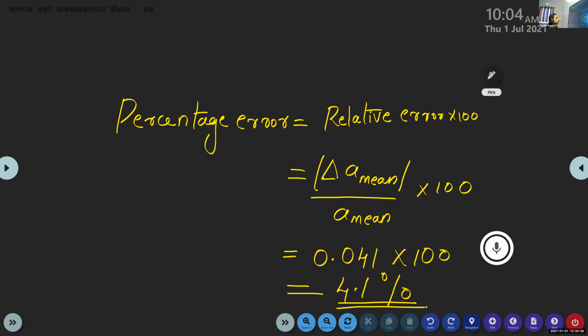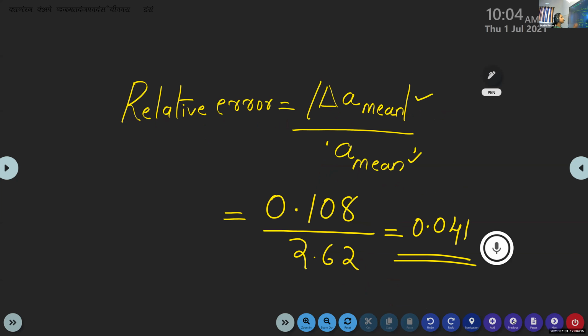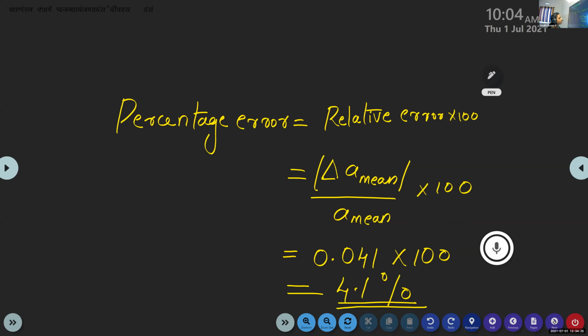If you multiply the relative error with 100, we get the percentage error. And the relative error can be calculated by the equation modulus of delta A mean divided by A mean. So we get 0.041. If you multiply 100 with this 0.041, we get 4.1 percentage. The 4.1 percentage is the error present in the measurement of the period of oscillation of the pendulum.